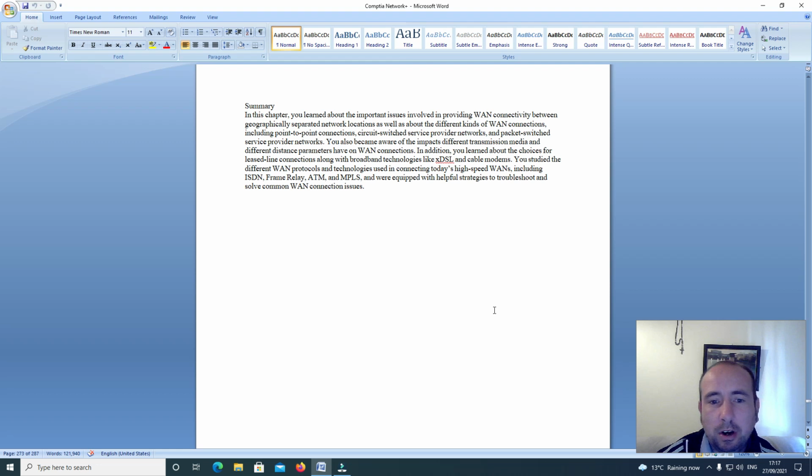In this chapter you learned about the important issues involved in providing WAN connectivity between geographically separated network locations, as well as the different kinds of WAN connections, including point-to-point connections, circuit switched service provider networks, and packet switched service provider networks. You also became aware of the impacts that different transmission media and distance parameters have on WAN connections.